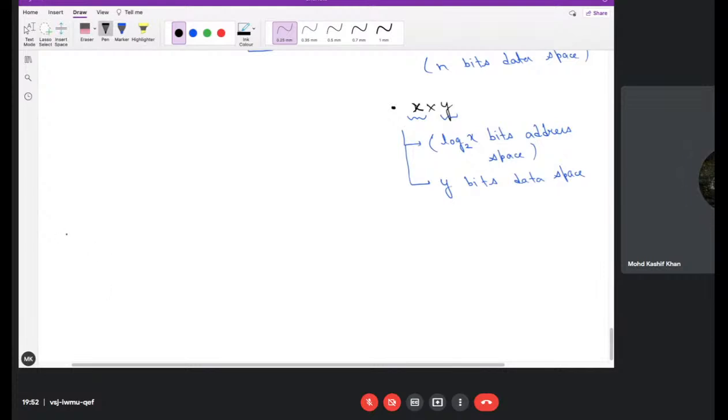Now suppose whenever you have to access any memory, that address is stored in an address register. Okay, and suppose the address is of 16 bits. So this is a 16-bit address register.